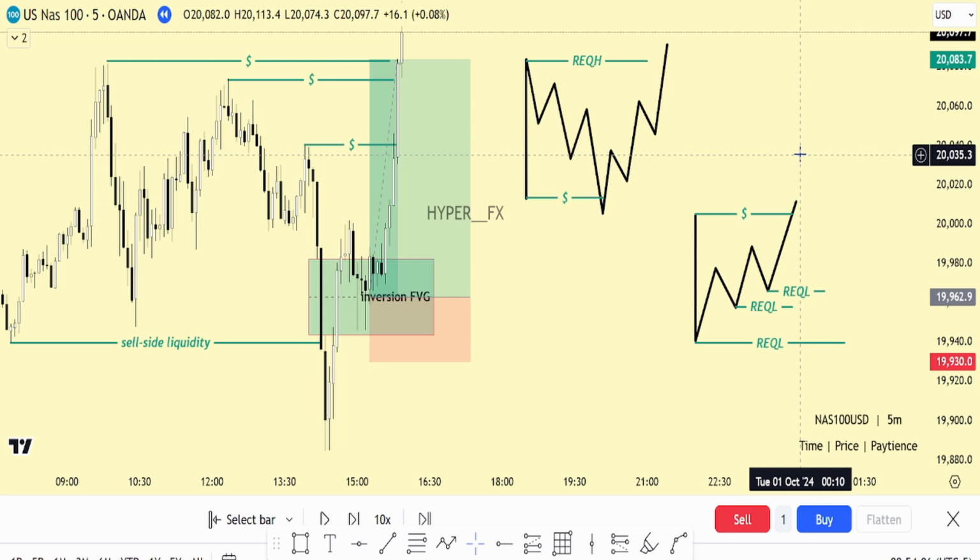You can always practice on your charts every day. You come back every day to look for relative equal highs and relative equal lows for what they are, and know that price is definitely going to take out this buy side liquidity or sell side liquidity or retail stop loss.